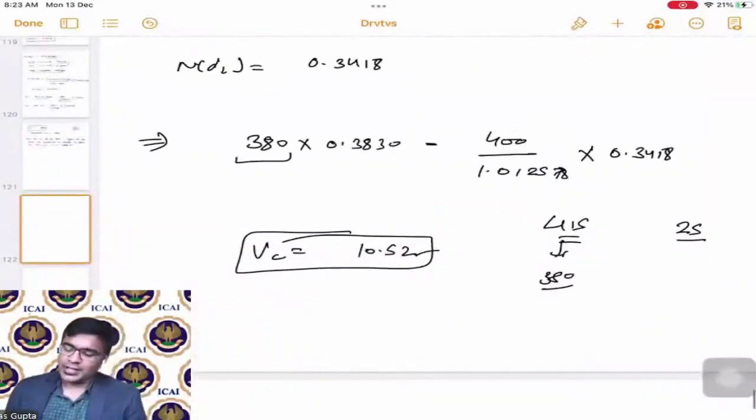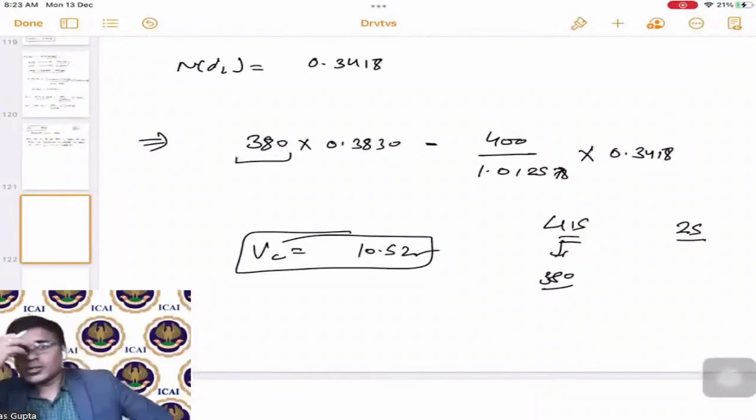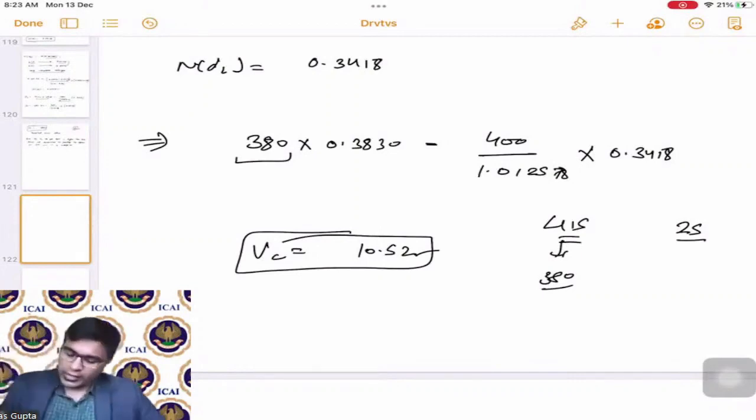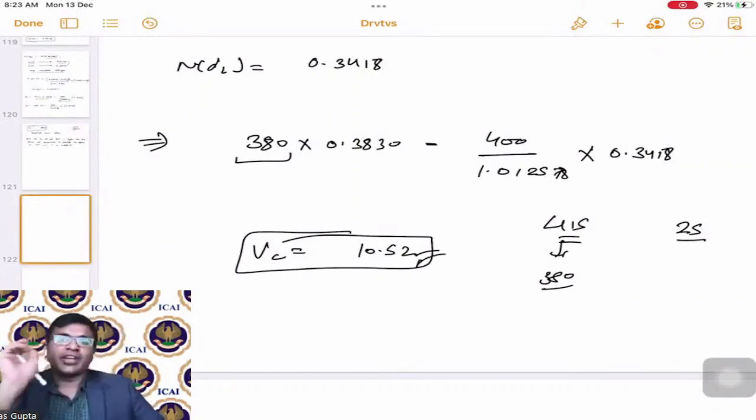Now there are two ways here, students. One is to apply the Black-Scholes model formula for valuation of a put option, or the easier way would be to apply the put call parity theory, because under put call parity theory, we have already calculated the value of call option as 10.52. Rest two numbers are there, and the third number we have to find.